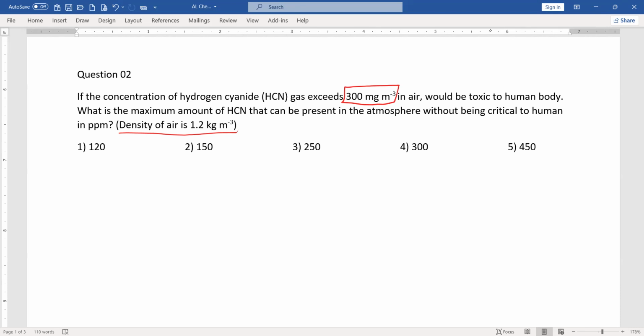So first we need to know what this ppm unit really is. ppm is called parts per million. If you take 1 million particles in a given sample, out of that, how many particles of the constituent are available in the sample?